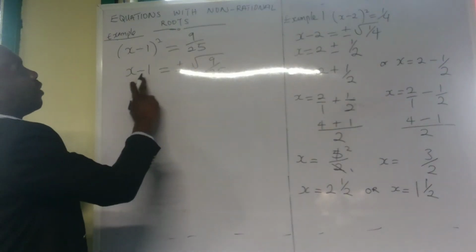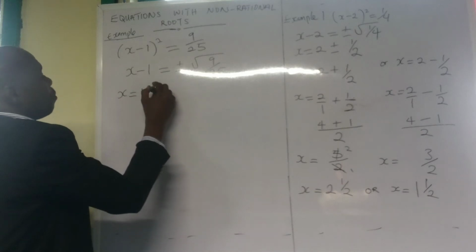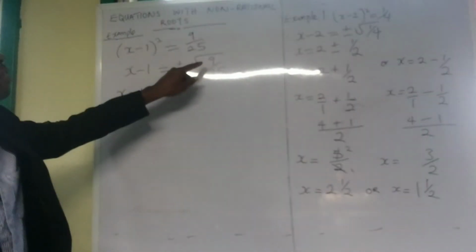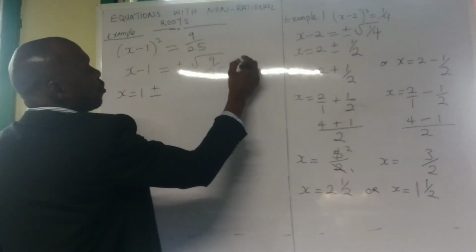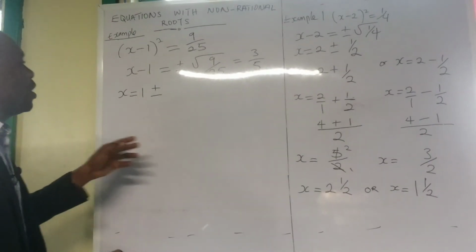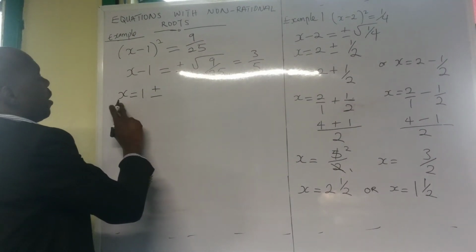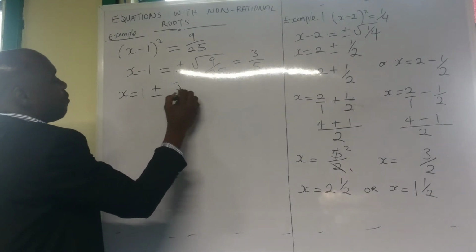So we'll go further. We'll transfer this one to this side to give us x equals 1 plus or minus. If you look for the square root of 9, it is 3, and the square root of 25 is 5. So we put it here: x equals 1 plus or minus 3 over 5.